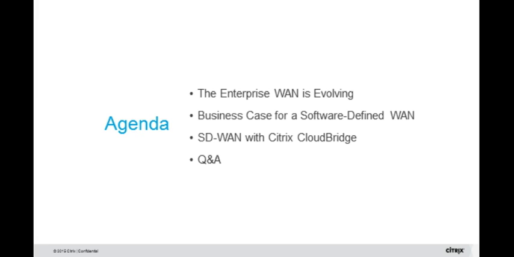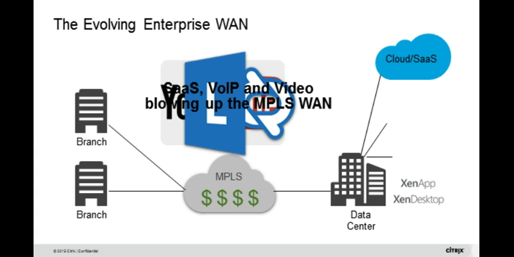And from there, I'll give you a brief overview of the software-defined WAN solution facilitated by the Citrix Cloud Bridge platform. And of course, we will have time at the end to answer any questions that you might have. With that, let's begin the presentation.